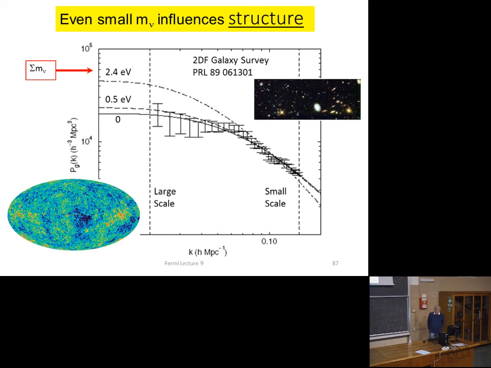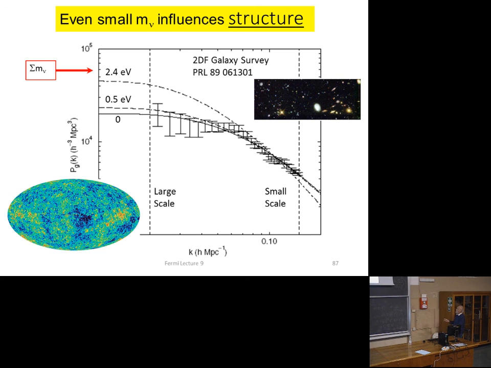A couple comments just before I let you go. Even a small amount of neutrino mass has a big effect on cosmology and astrophysics. And what I show here is the effect on something that we'll talk about, and that's the small-scale structure in the universe, depending on the mass of the neutrino. So people often show plots like this, and we'll show it in the spring when I talk about cosmology a little bit.